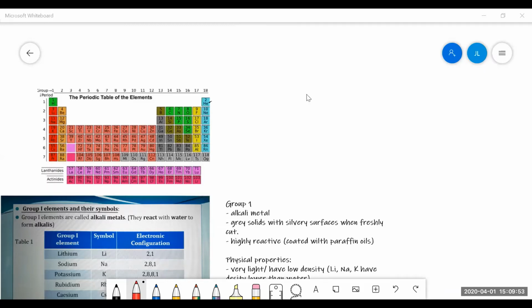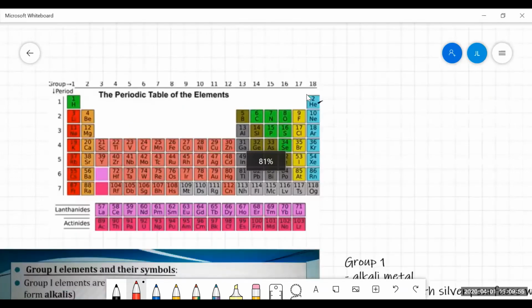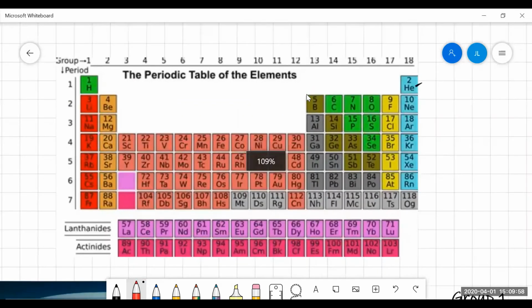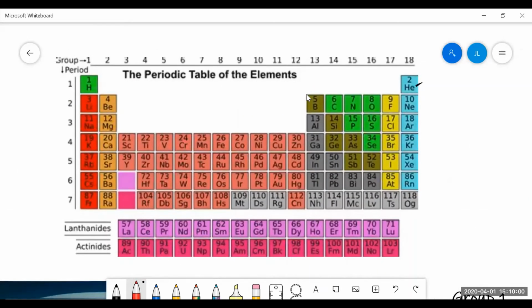So group 7 is this one. Wait, let me change to a black pen. This is group 7. And we have what? Can someone name each of the elements? Fluorine, chlorine, bromine, iodine. And then I don't know.